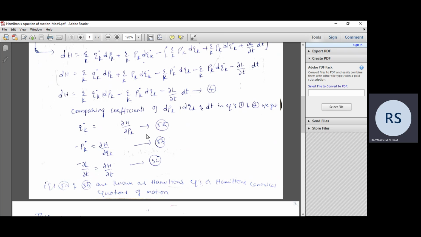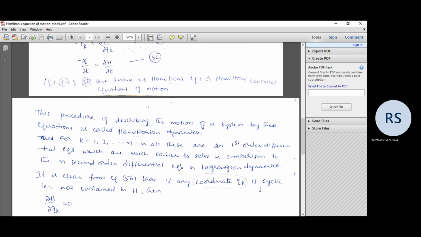These equations, 5a and 5b, are known as Hamilton's equations or Hamilton's canonical equations of motion. These two equations we have obtained by comparing the quotients of dpk, dqk, dt from equation number 1 and equation number 4.